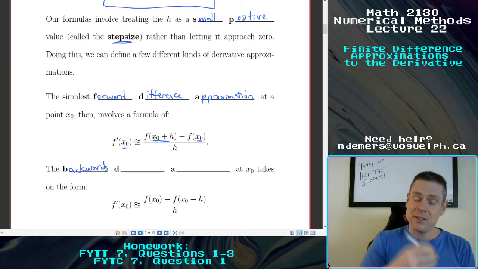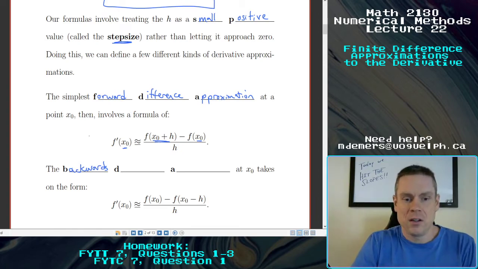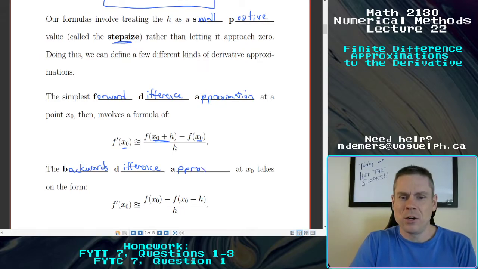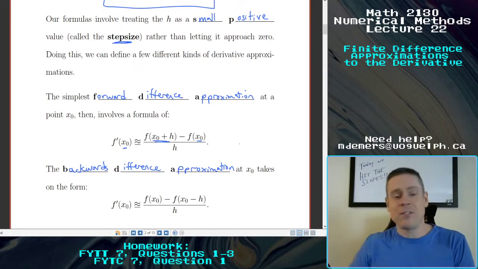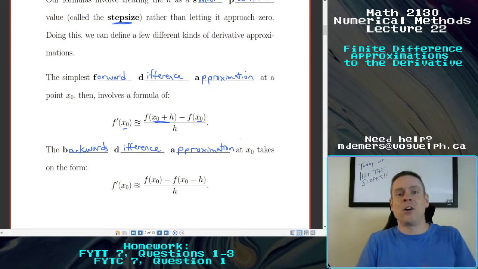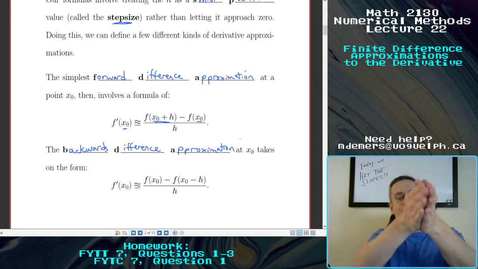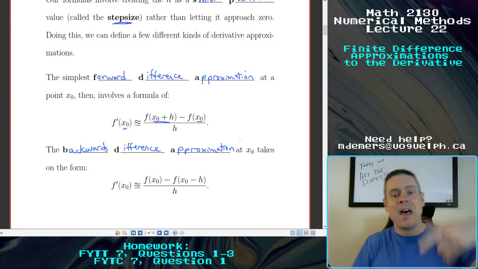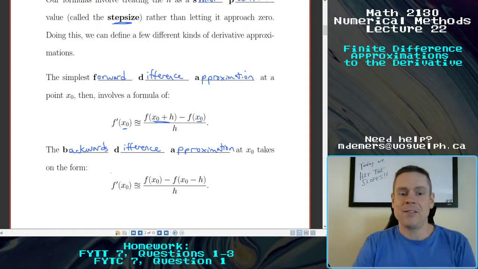And then similarly, we have a backward difference approximation. I don't know whether it's backwards or backward; I don't really care. And that's very similar. It just uses the x0 as here, and then we step back to x0 minus h and evaluate the function there.